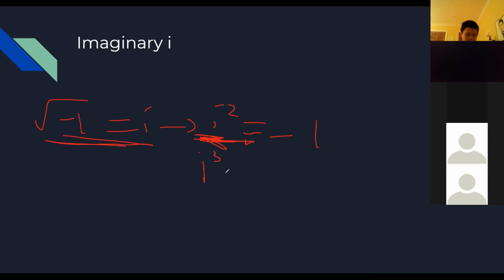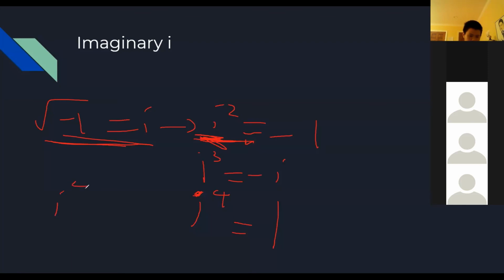Similarly, i cubed is -1 times i, since i squared is -1, so negative i. i to the 4th is -1 squared, which is 1. Now, while i to the 4th equals 1, it's important to note that i does not equal the 4th root of 1.